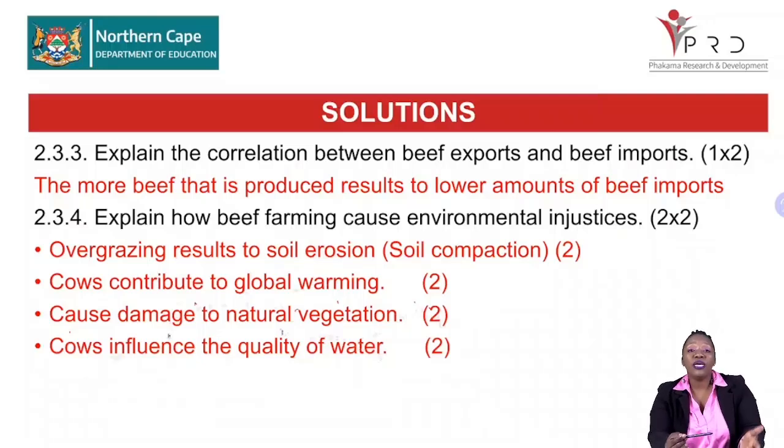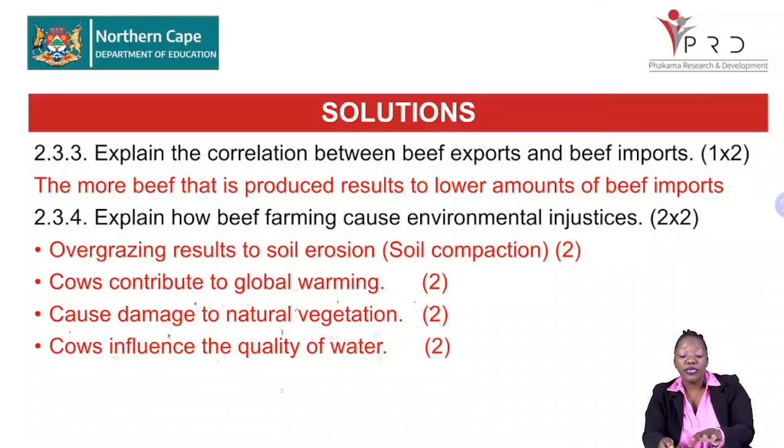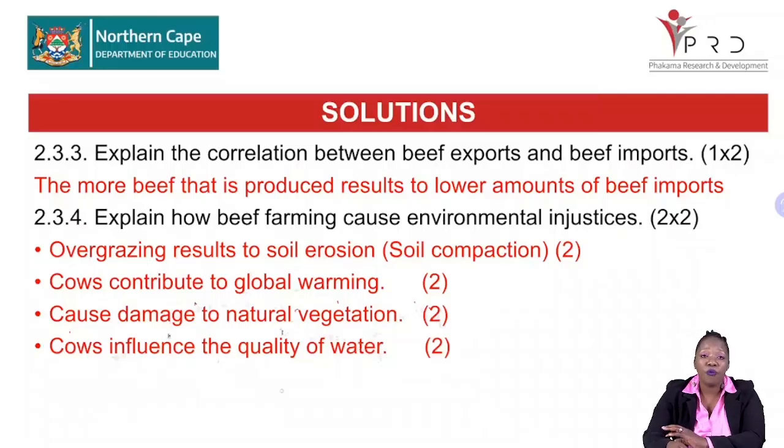And also we're looking at the cows which will influence the quality of water. You remember the cows, they mess anyhow. So if there are so many, it will also affect the quality of our water that we drink. So it's any 2. As long as we have 2, you will have your 4 marks.